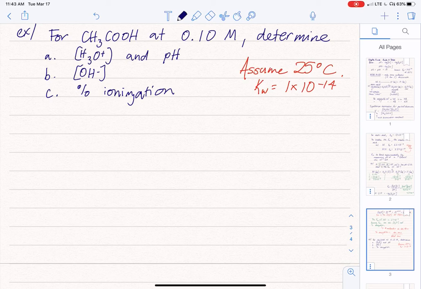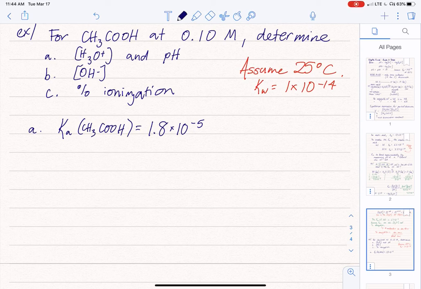The Ka I gave you a little bit before, but if you're not given the Ka, you might have to look it up for a problem like this. If I look up the Ka for acetic acid, CH3COOH, it's 1.8 times 10 to the minus 5. Once again, the problem might not give you that Ka explicitly.